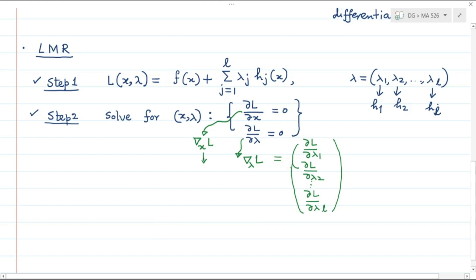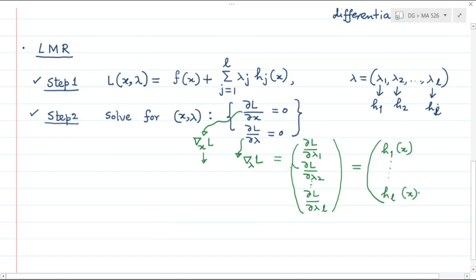The first component will be the partial derivative of L with respect to x1, the second component the partial derivative with respect to x2, and the last component is the partial derivative of the Lagrangian function L with respect to the nth variable xn. Solve this system of equations, and here obviously del L del lambda 1 is nothing but h1, and the last component is hL, equal to 0.